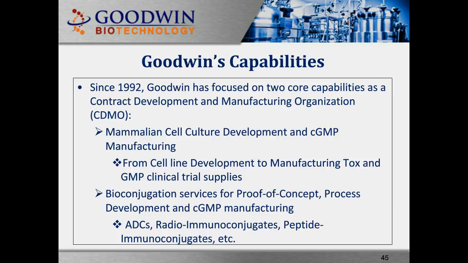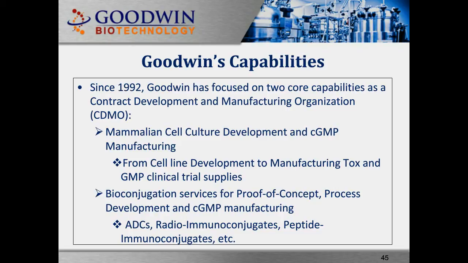Now we go over the Goodwin capabilities. Since 1992, Goodwin has focused on two core capabilities as a contract development and manufacturing organization: mammalian cell culture development and cGMP manufacturing.